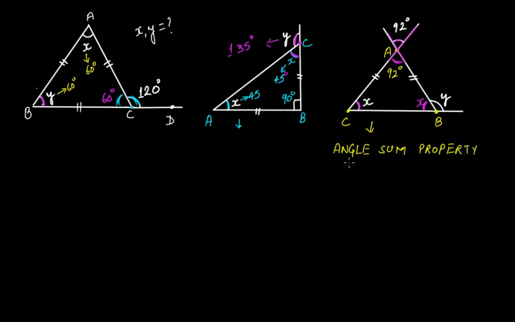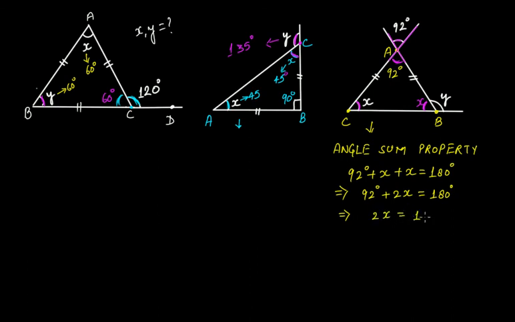If you apply angle sum property, it means that 92 degrees plus x plus x will be equal to 180 degrees. This will be 92 degrees plus 2 times x is equal to 180 degrees.